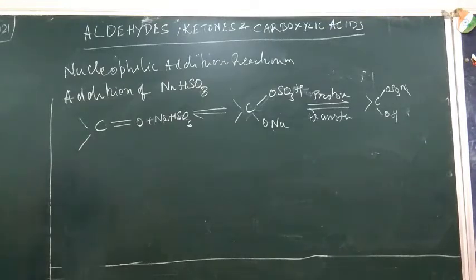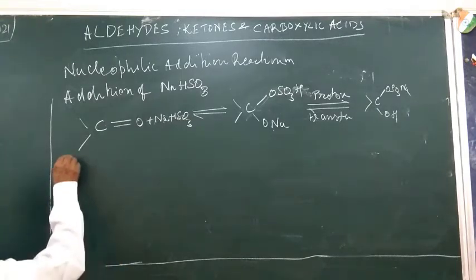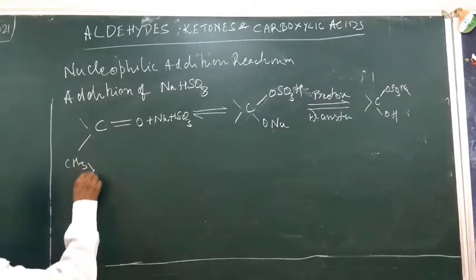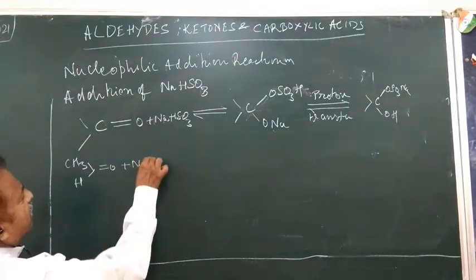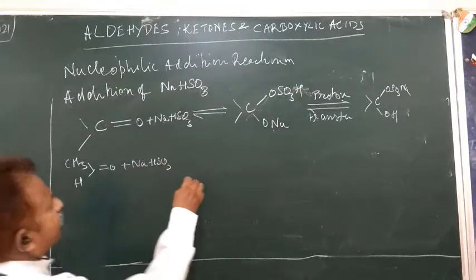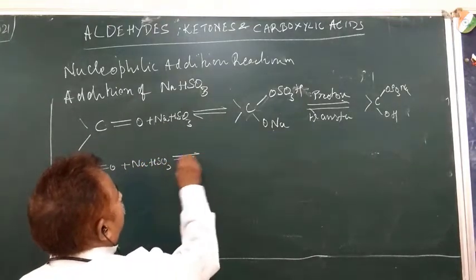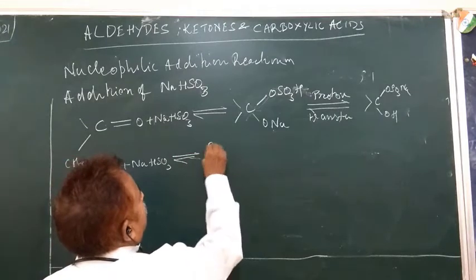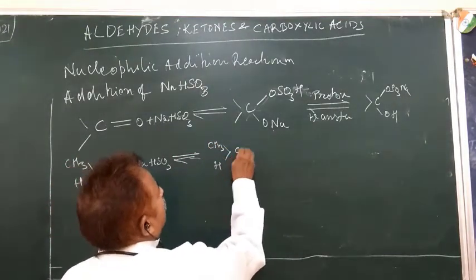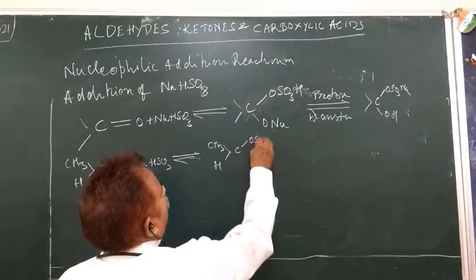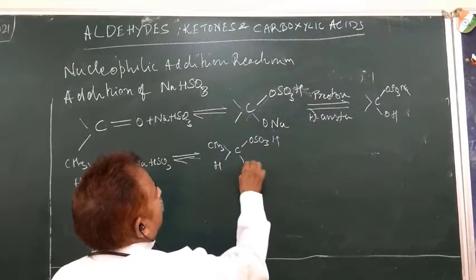So let us see the reaction between an aldehyde and sodium bisulfite. CH3CHO plus NaHSO3 gives CH3CH(OSO3H)(ONa).